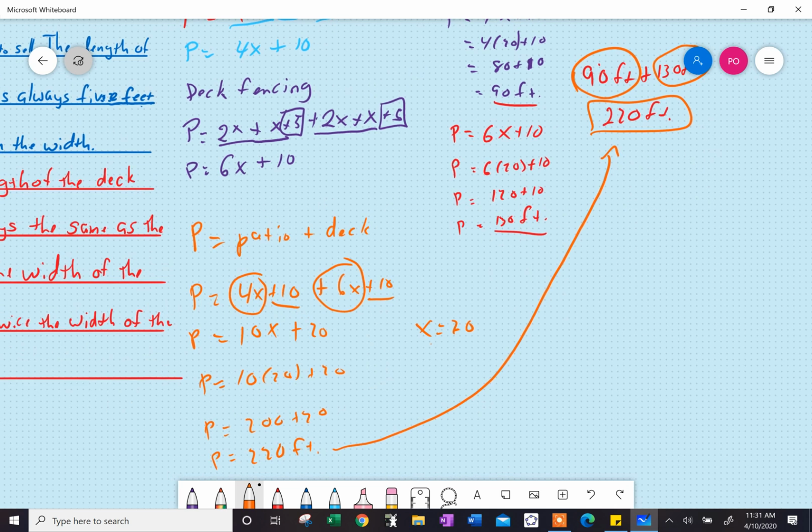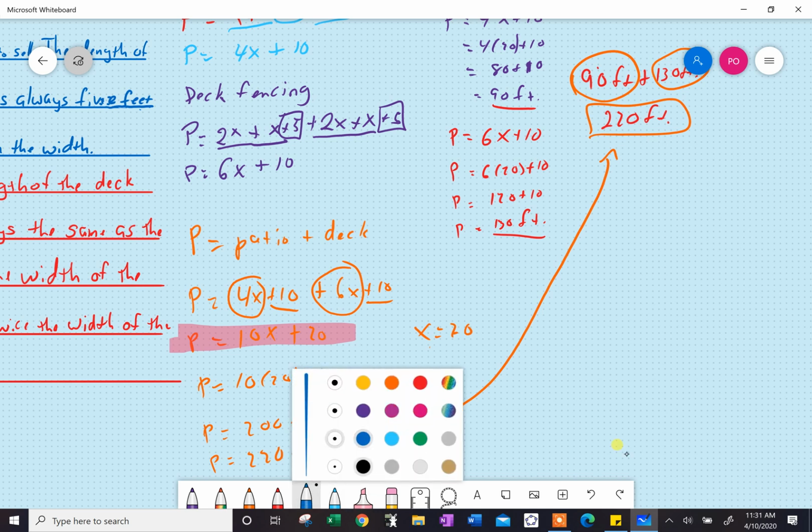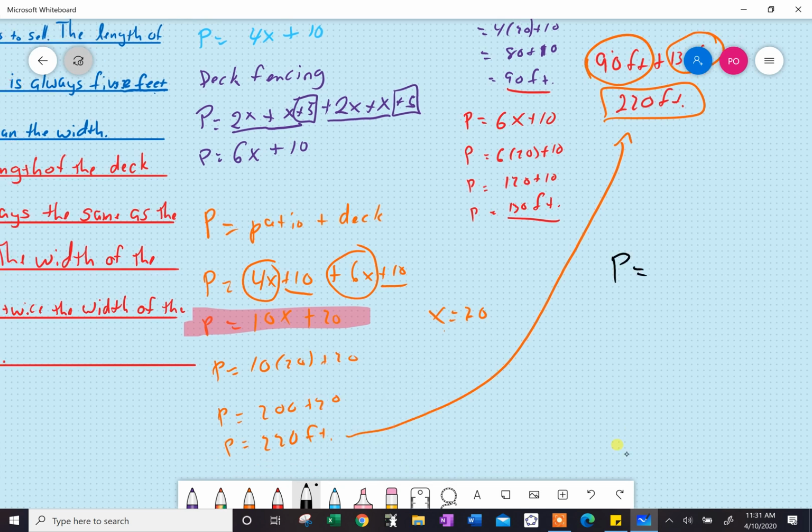But the reason why this is helpful is once we have this formula here, that will be true no matter what we do, no matter how big our deck is. So this formula here represents the amount of fencing I would need to enclose my deck and my patio.